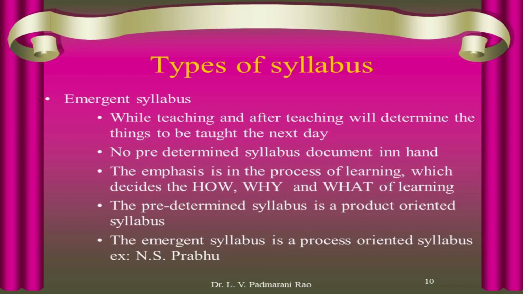The emphasis is on the process of learning, which is what decides, as we said, the how, why, and what of learning. Hence, the emergent syllabus is not product oriented, but it is process oriented. And the emergent syllabus is known by different words like the procedural syllabus or the retrospective syllabus or the negotiated syllabus. The emergent syllabus can be structured in the following way.